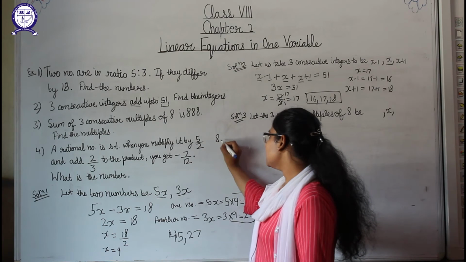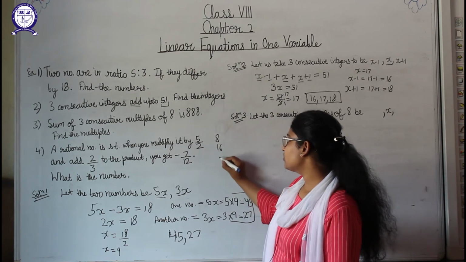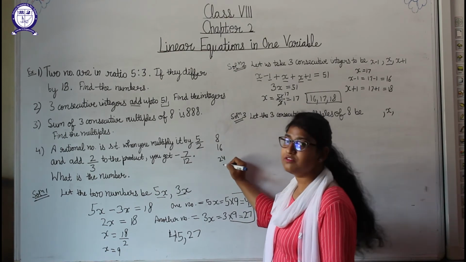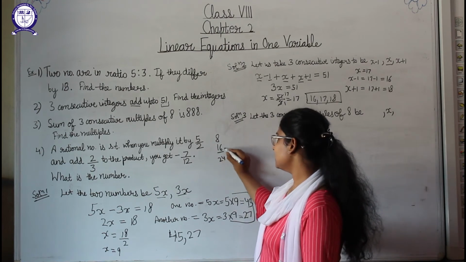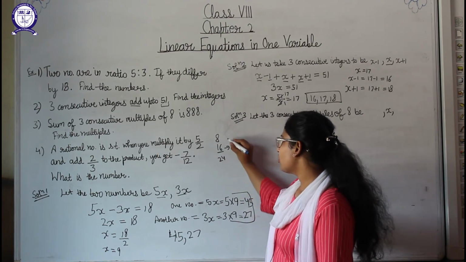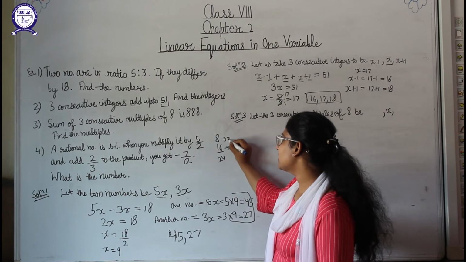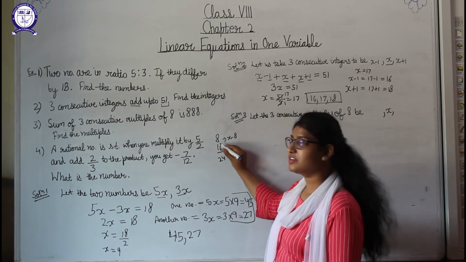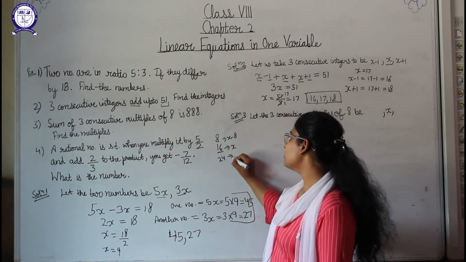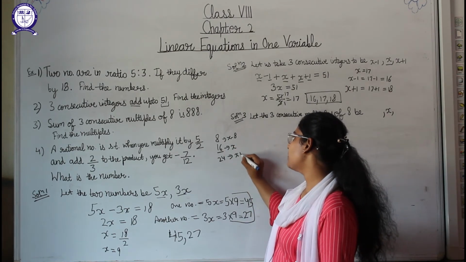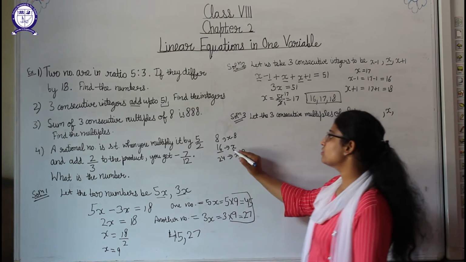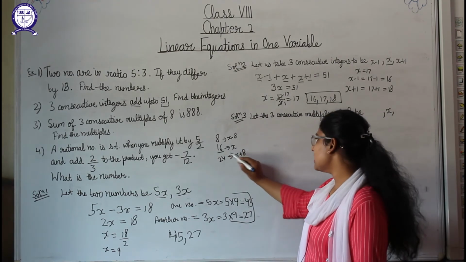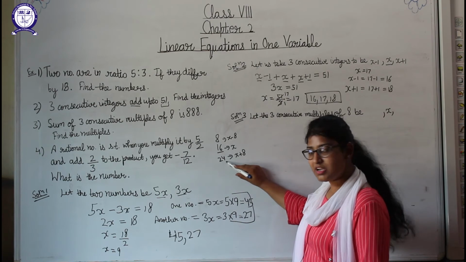Now let us take the table of 8. 8 ones are 8, 8 twos are 16, 8 threes are 24. Suppose I am letting this 16 as x. So how will we get 8? We will get 8 by x minus 8, because x is 16 and 16 minus 8 will be 8. And what will be 24? 24 will be x plus 8, because the value of x is 16 and 16 plus 8 will give us 24.